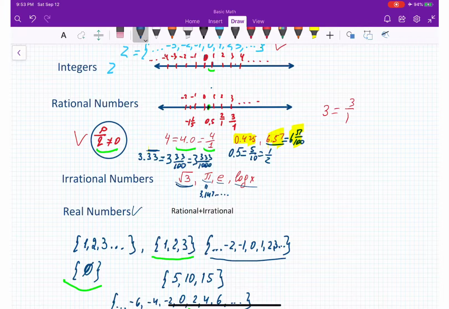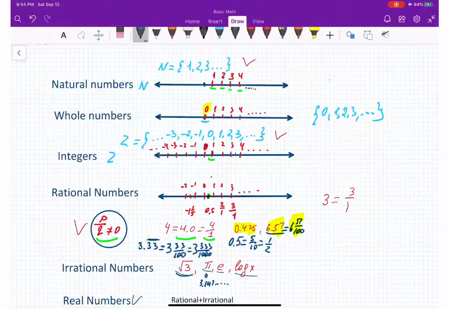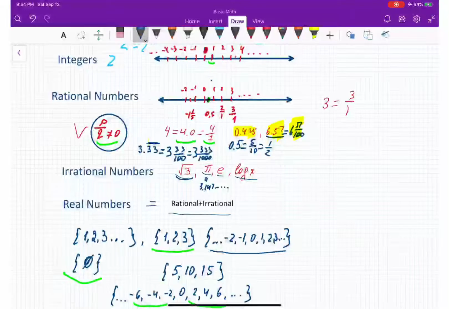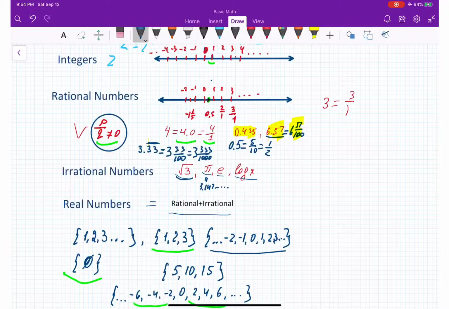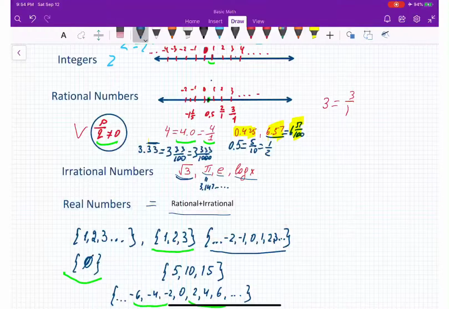Real numbers are everything. They include all numbers: rational plus irrational. Okay? All right. Said that, we can start working.